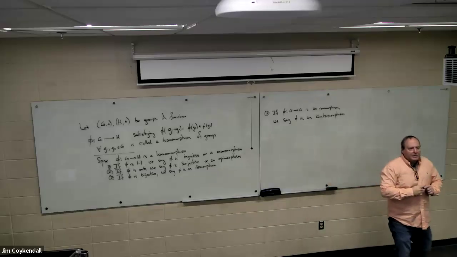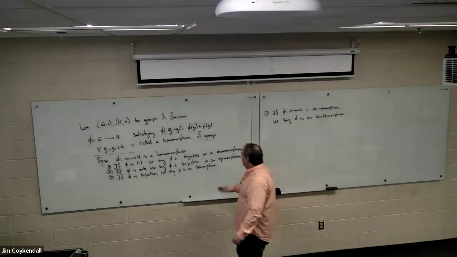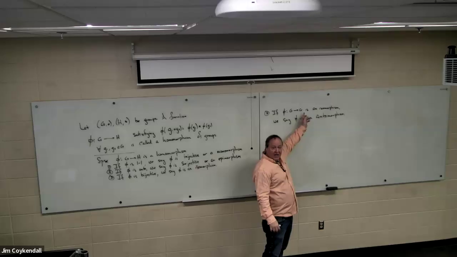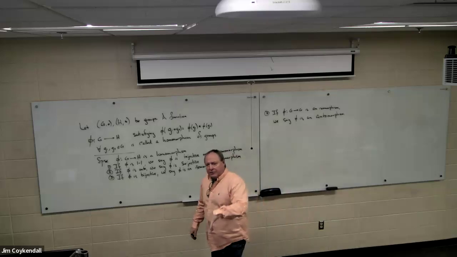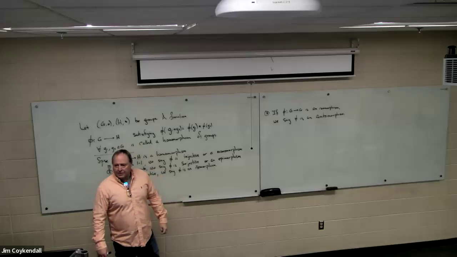An isomorphism is a homomorphism from G to H that is 1-to-1 and onto. If that homomorphism goes from G to G, then we call this an automorphism. So any automorphism is an isomorphism, but the converse is not necessarily true.